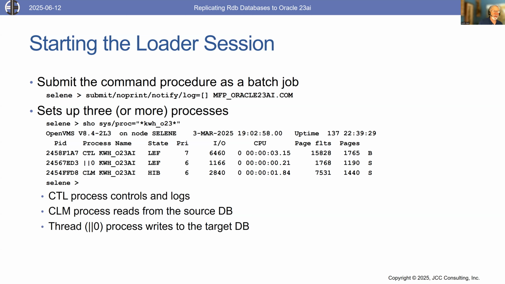And then we have, in this case, one thread process, but it's possible in some situations to configure it so you have multiple threads that read from the source database, actually from the OpenVMS mailbox, and write to the target.